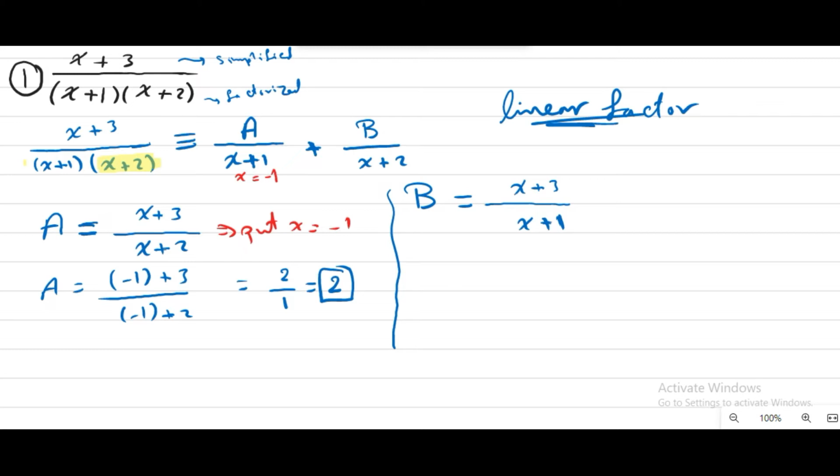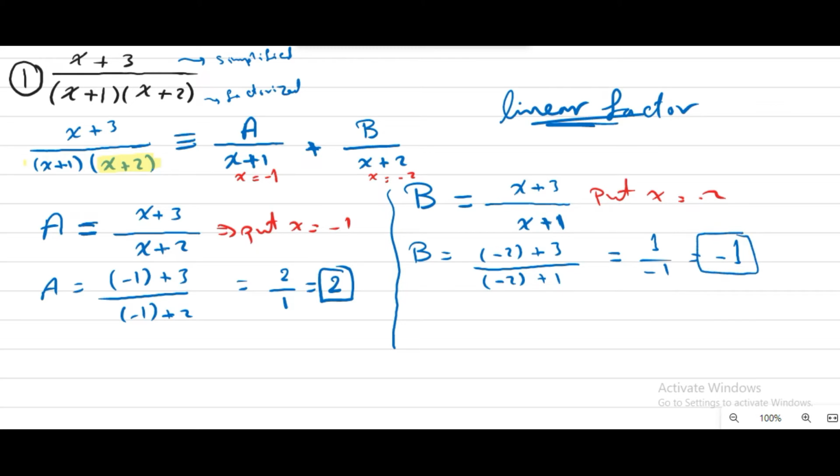This factor for letter B equals 0 when x equals negative 2, so we put negative 2 in place of x. B equals (negative 2 + 3) over (negative 2 + 1), equals 1 over negative 1, equals negative 1. This is the value of letter B.